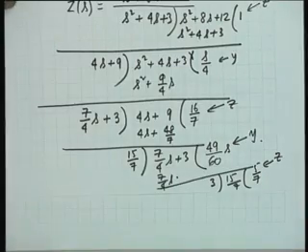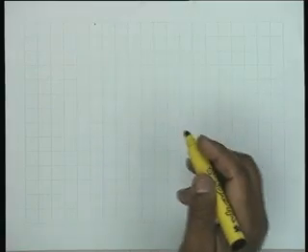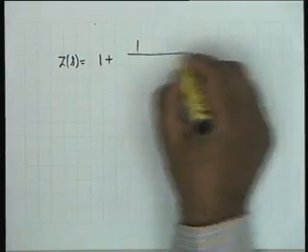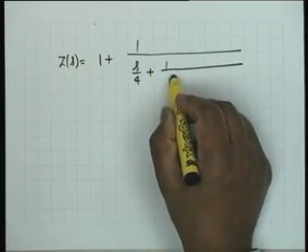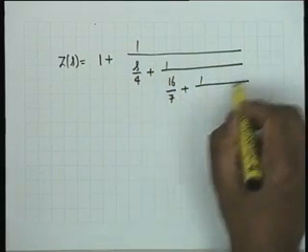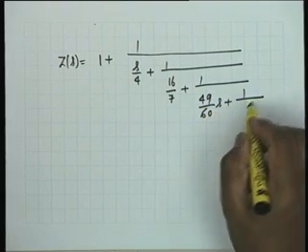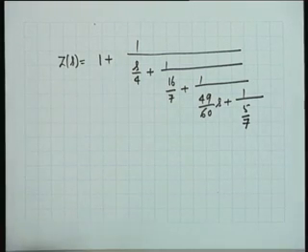In other words, my network shall be, well, let me write this continued fraction. This is 1 plus 1 over S by 4 plus 1 over 16 by 7 plus 1 over 49 by 60 S plus 1 over 5 by 7. Is that correct? And the network should now be obvious.